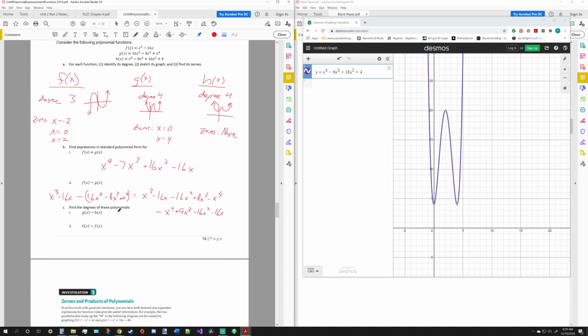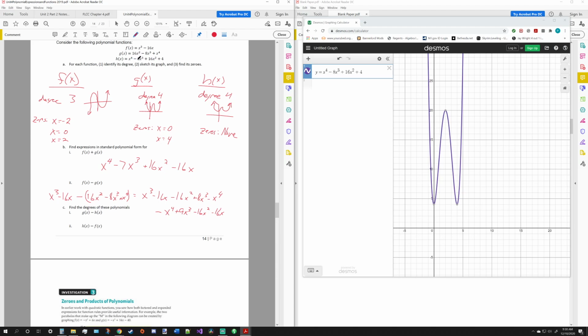Part C, find the degree of these polynomials. So if I took g of x and subtracted h of x, g of x is a 4th degree, and we would subtract h of x, which is a 4th degree. So let's see, x to the 4 minus x to the 4 would be gone, right? That would be canceled. The cubed term, negative 8x cubed, and we were subtracting negative 8x cubed.